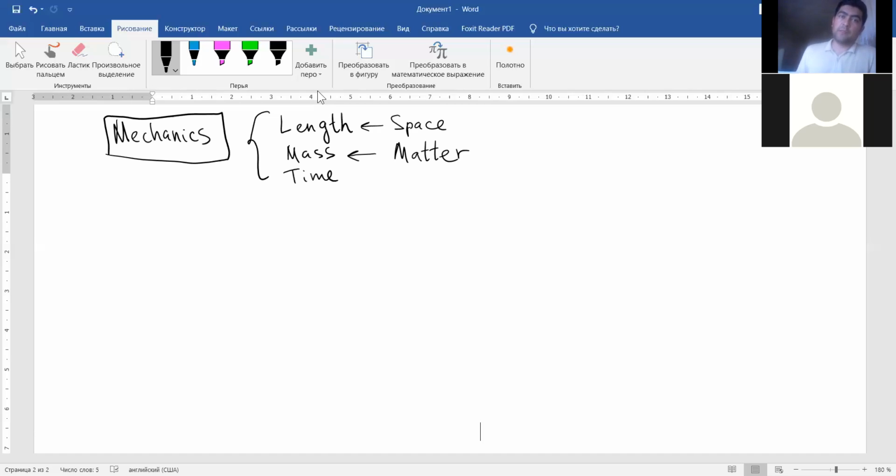And to measure space, we need the quantity called length. The higher the length, the bigger the space. If you make length square, you get the surface area. If L is length, then L squared is area.